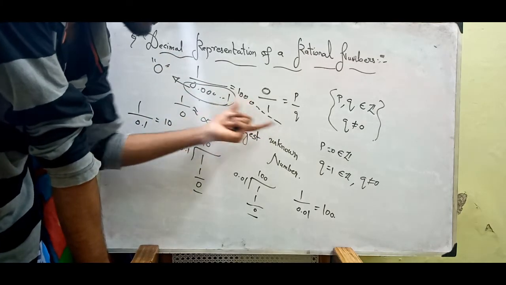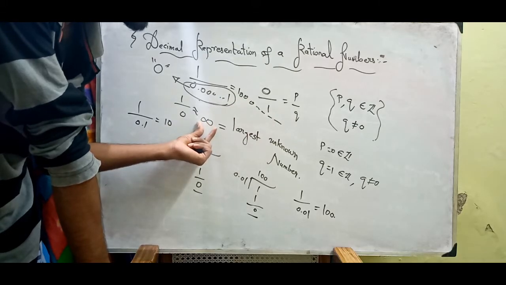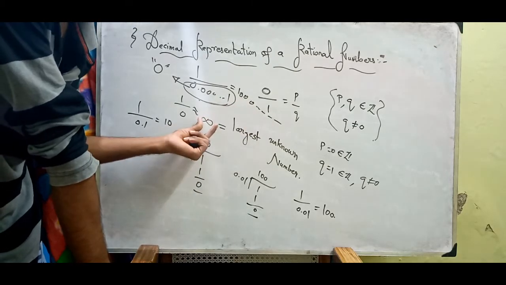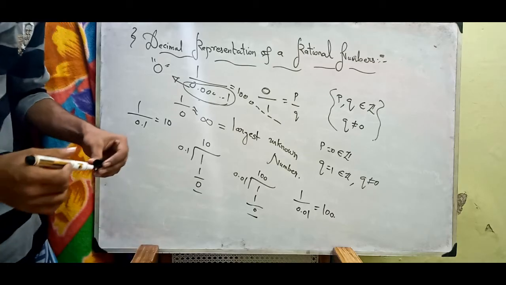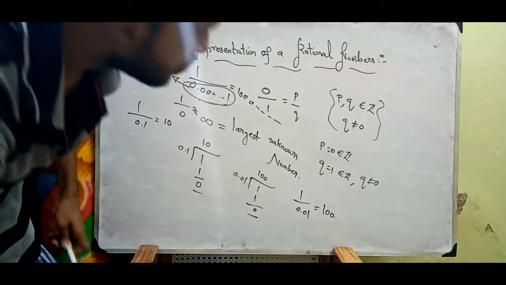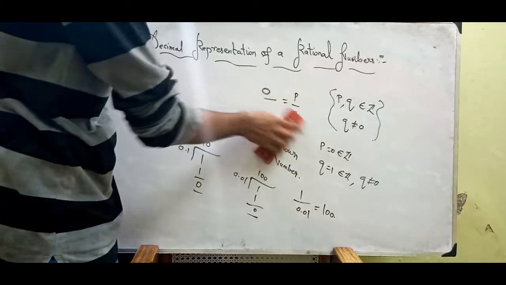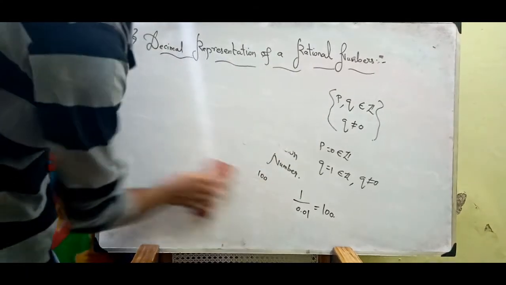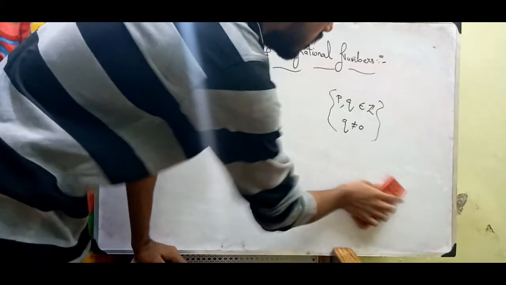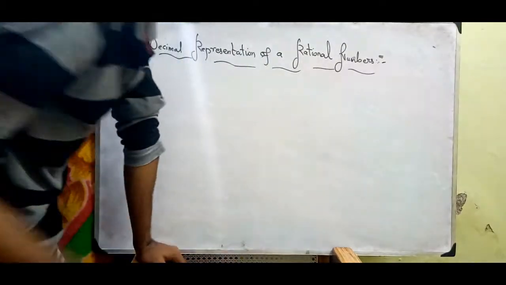For such a huge value we denote it by the symbol infinity, and thus it is the largest unknown number. We don't know where it terminates, so it is an unknown largest number. This way you can have infinity or a not defined number.